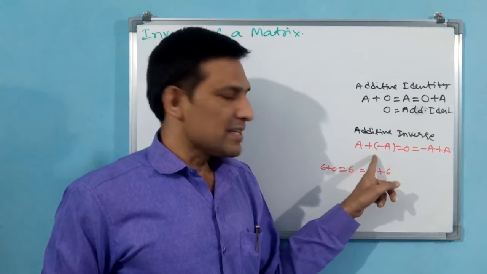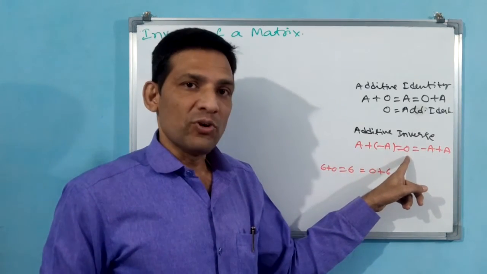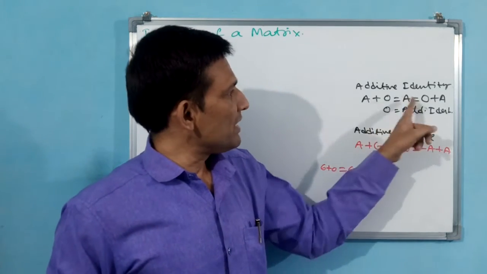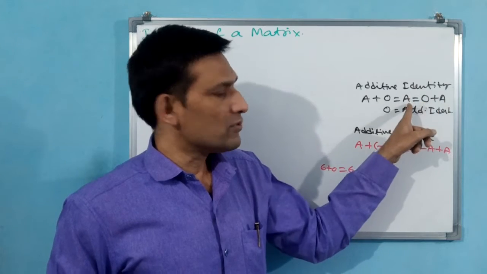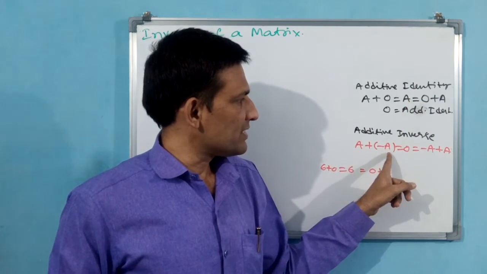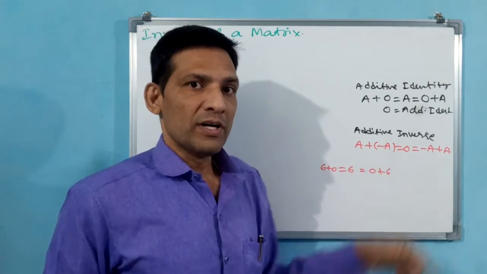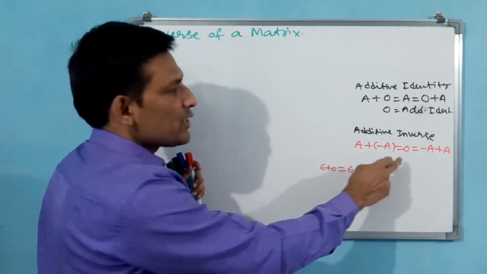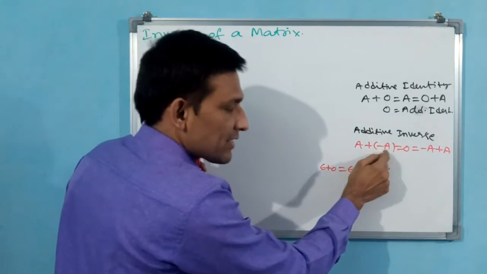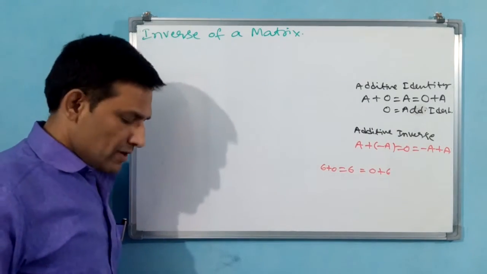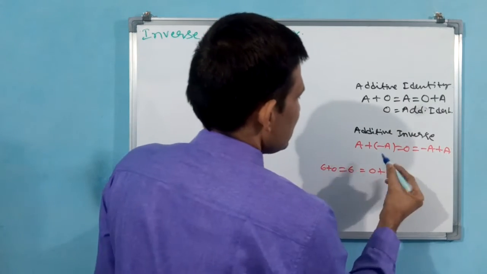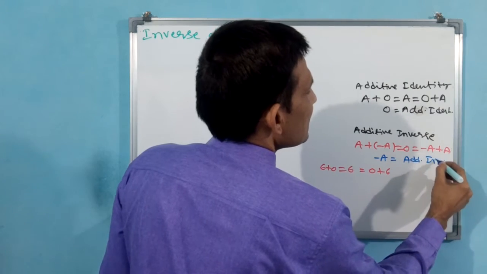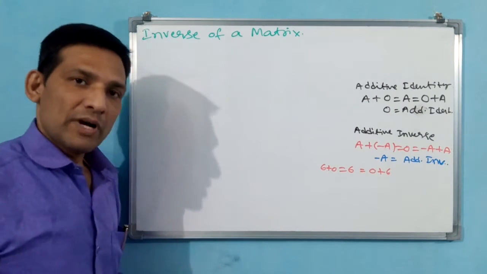A plus minus A means A minus A, which is 0, O. And minus A plus A is also O. Same like A plus O is equal to A, O plus A is equal to A. Like this, A plus minus A is equal to O, minus A plus A is equal to O. That means if you add a matrix to the original matrix and additive identity comes, that other matrix is the additive inverse. Here additive inverse is minus A. You understand now?